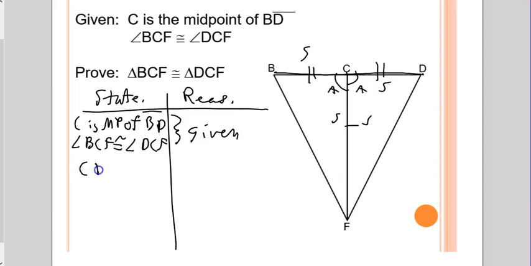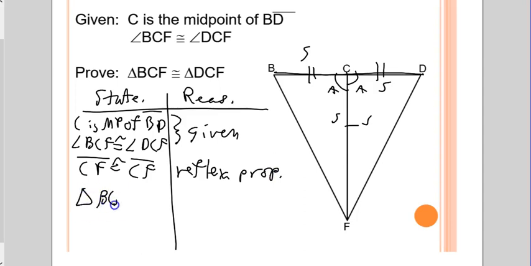We said that CF was congruent to itself. And that's the reflexive property. You can abbreviate that if you want. Reflexive property. And then we got it. Triangle BCF is congruent to triangle DCF. And what rule? We said SAS.